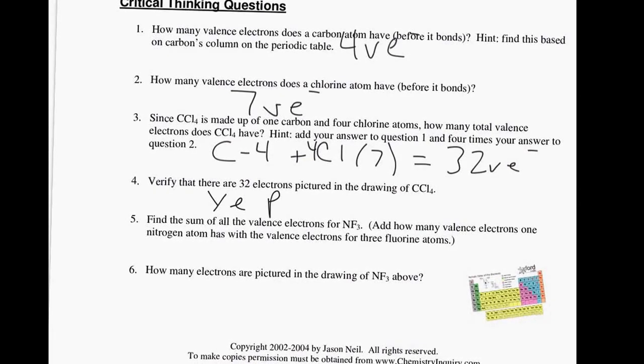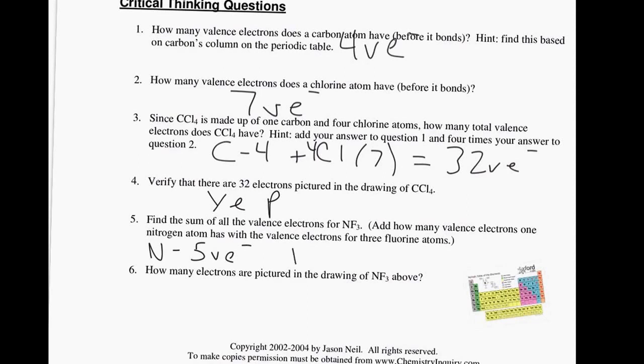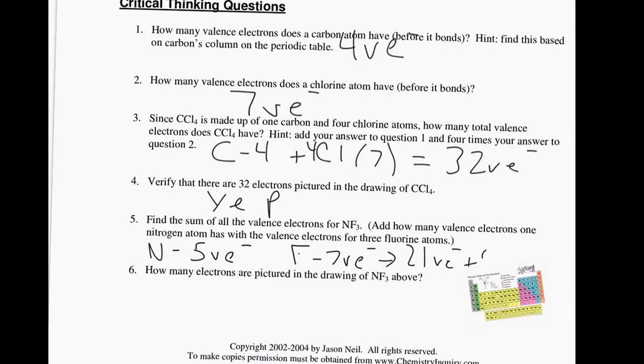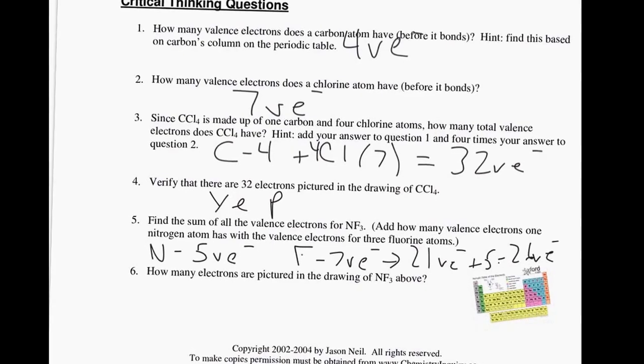Find the sum of the valence electrons for NF3. Well, N, using the periodic table, has 5 valence electrons, and each F has 7 valence electrons. So that would be a total of 21 valence electrons, plus the 5 gave us 26 valence electrons.